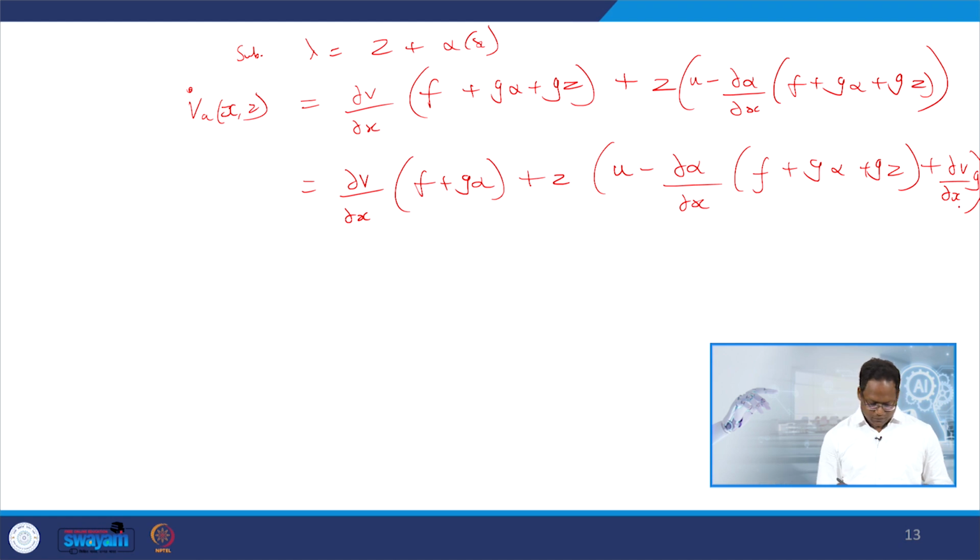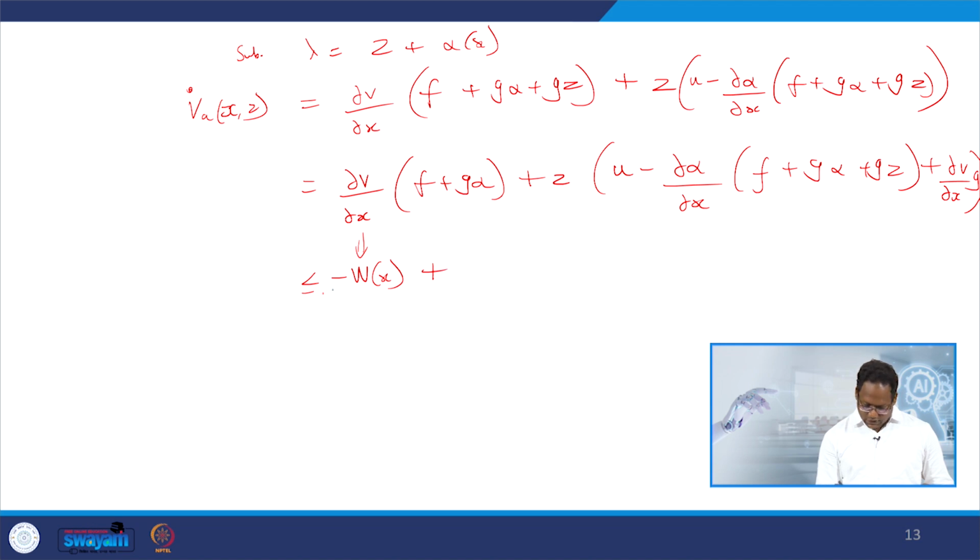So this leads to the inequality where dou V by dou x of f plus g alpha turns out to be minus W of x by Lyapunov's theorem.